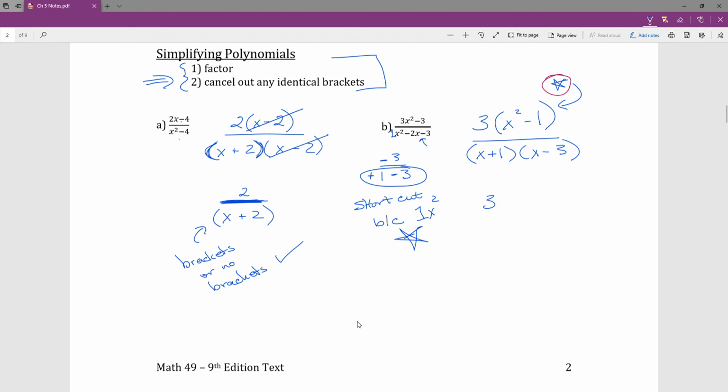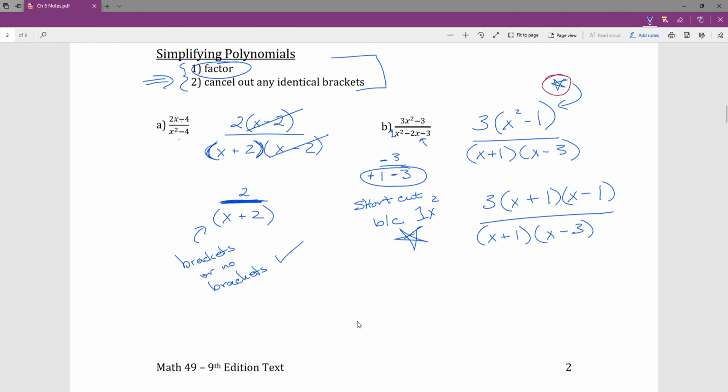I have a really sneaky difference of squares there. And so factoring this, because 1 is a perfect square, I would be able to write it out as x plus 1 and x minus 1. The bottom, I'm just going to copy again. So now I have everything fully factored. That's step 1 of the plan here, is to factor, and then I get to cancel out anything that is exactly the same.